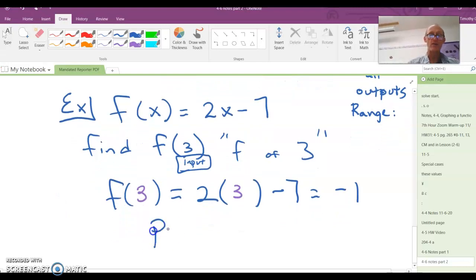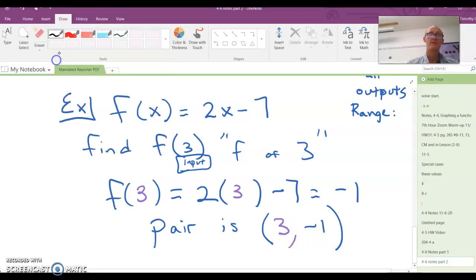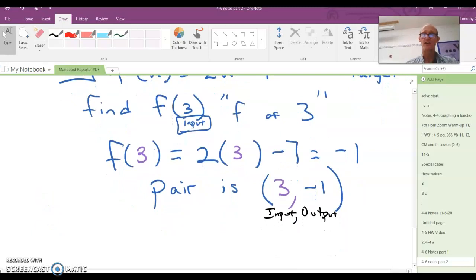So the pair is 3, which was the x, and negative 1, which was the y. This was the input-output. The input was 3, and the output was negative 1. So f of x is the function notation.